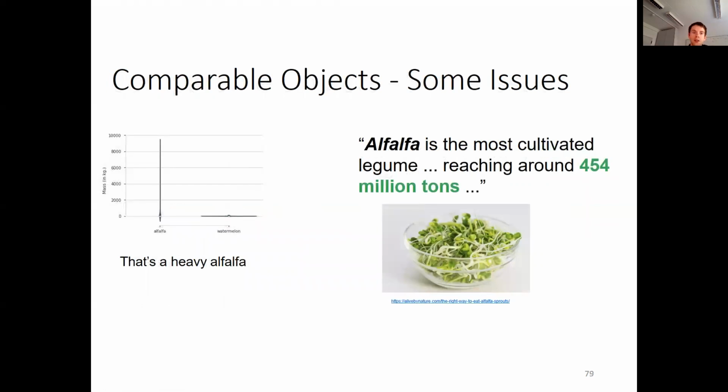Or another example is "alfalfa is the most cultivated legume, reaching around 454 million tons." This is of course not the weight of one alfalfa plant, but this refers to annual production, and so the weight of alfalfa is totally off as we see here.